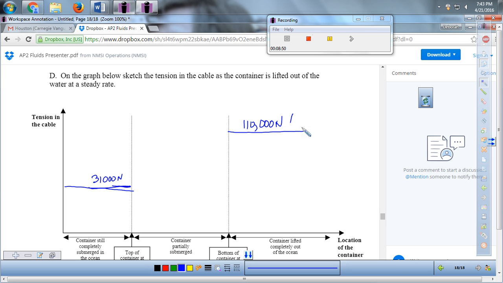And that came from 3,300 kilograms times 9.8. So as we were going from the top of the container, busting the water, and lifting it all the way up, the tension is going to increase linearly, and that's what your graph looks like.